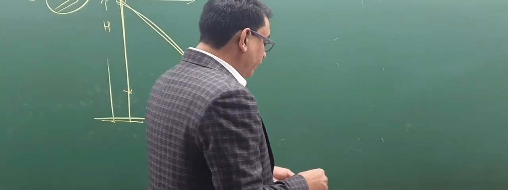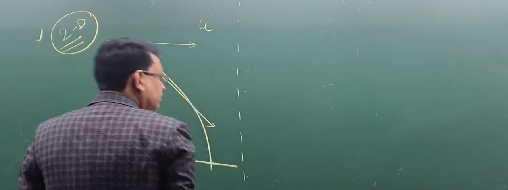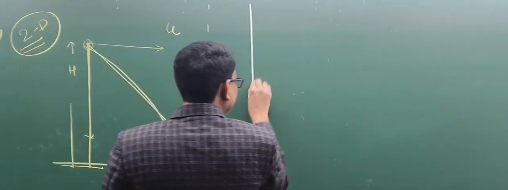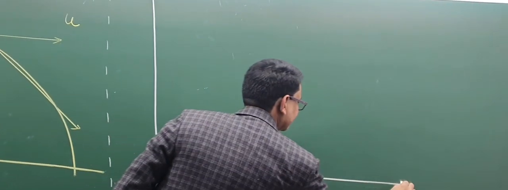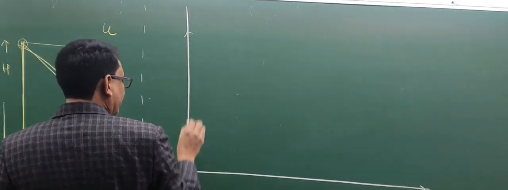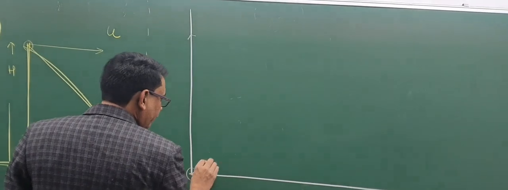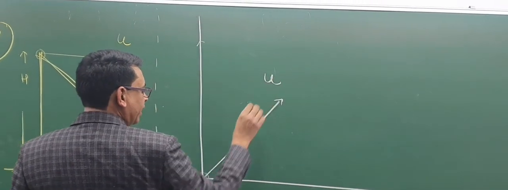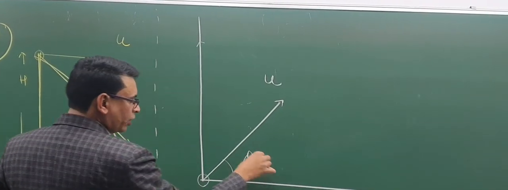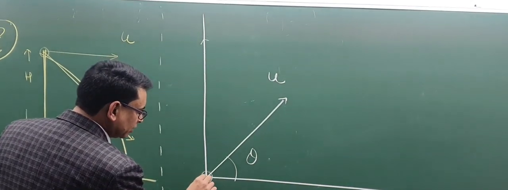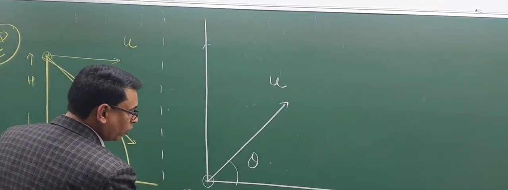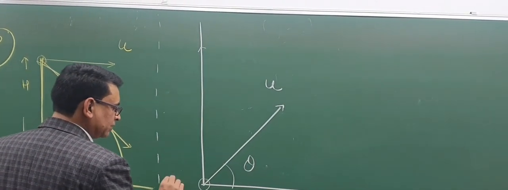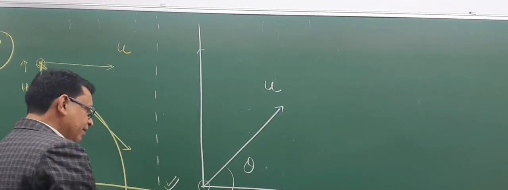We can understand it by the following diagram. This is the y-axis, this one is the x-axis. Now we throw a body with initial velocity u making angle theta with the horizontal from the ground. This point is known as POP, not plaster of Paris, point of projection.